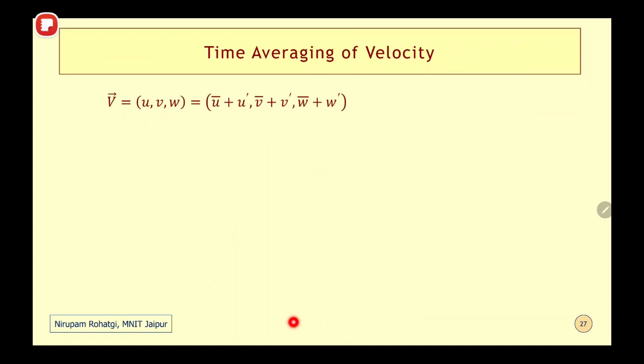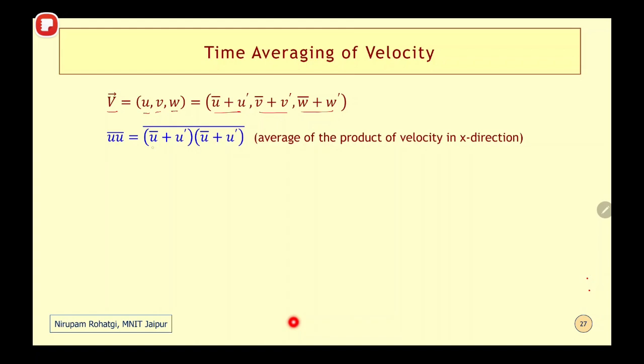Now suppose you want to find the average of velocity. If you want to find the average of v, it will be the average of these 3 components and you will get this.